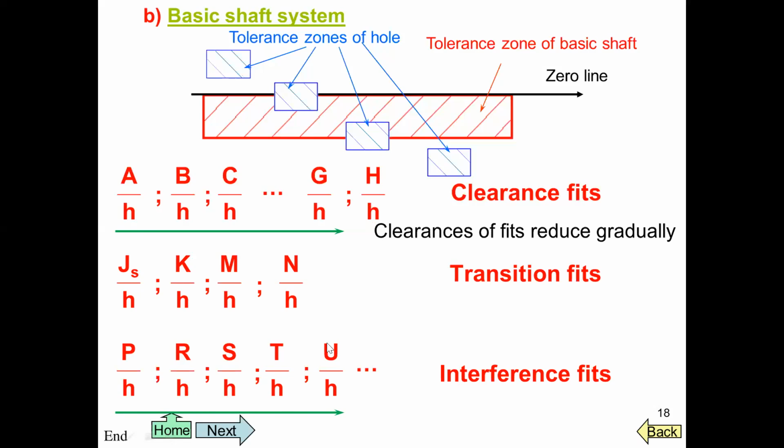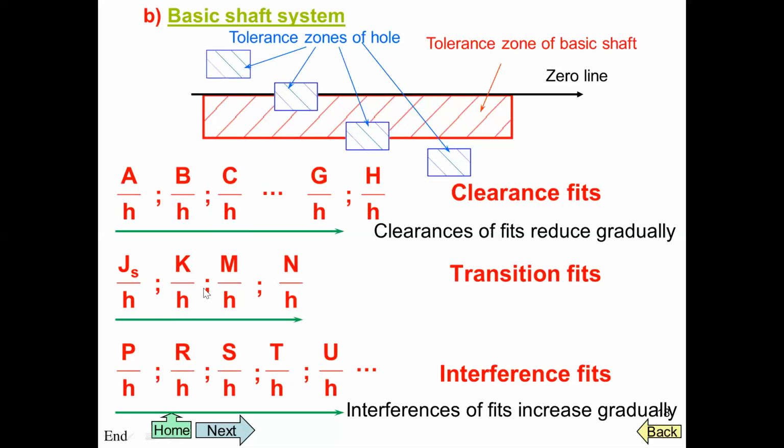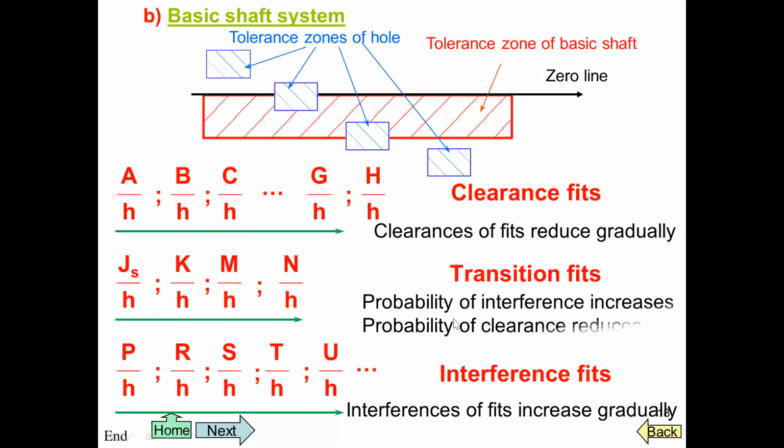They are all interference fits, but if you go from the left to the right, the interference of the fit increases gradually. And now about the four fits in the transition fit, if you go in this direction, the probability of interference or clearance can change.